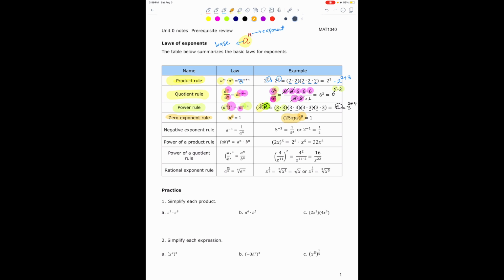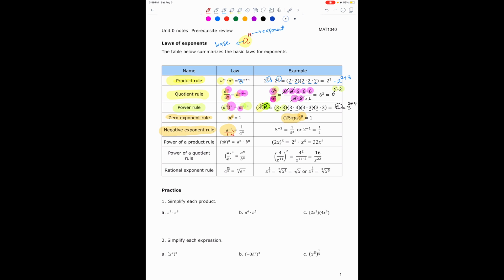The next rule is the negative exponent rule. So this rule goes both ways. If you have a negative exponent, it is the same as saying, if we need to turn it into a positive, the numerator here is 1, we push that into the denominator and change the power to a positive. And it goes backwards as well.